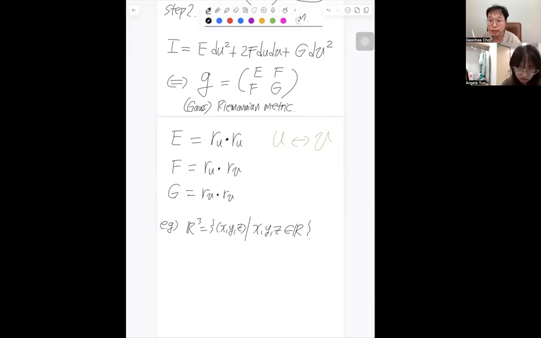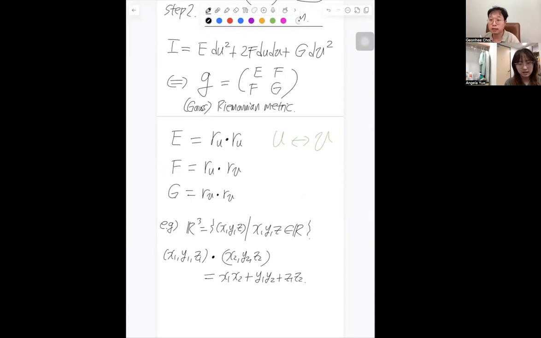This is R3. If you have x1, y1, z1 and x2, y2, z2, and you take the dot product, what do you get? Did you see this? Multiply the x1 and x2 components, plus y1 times y2, plus z1 times z2. Perfect.